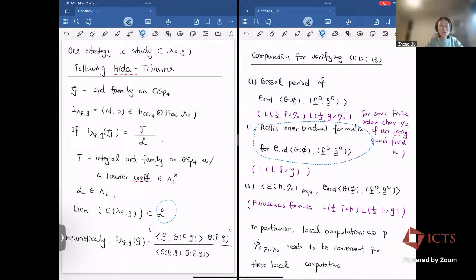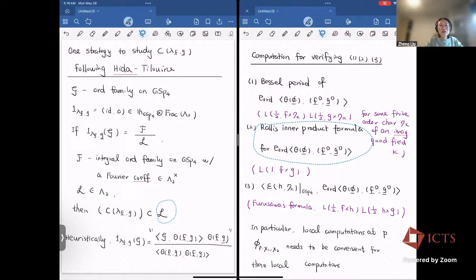Right. So we have the inner product formula, and we also need to properly normalize it. In this case, the value will be the Rankin-Selberg L function for f and g at 1, and we need to renormalize it.